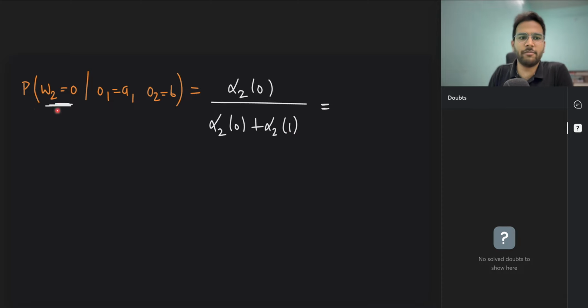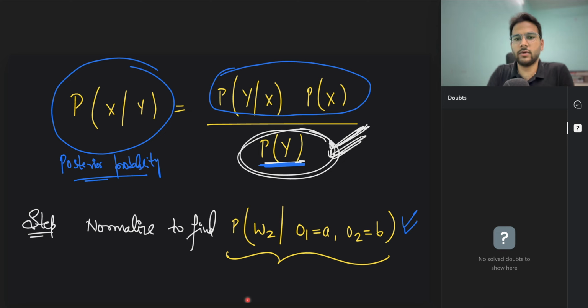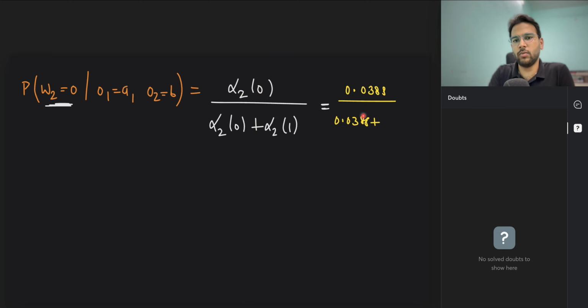In ML also you might have seen this. We just add two values and divide by that. So it is going to be 0.0388 divided by 0.0388 plus 0.116. So this value will come out as 0.25.